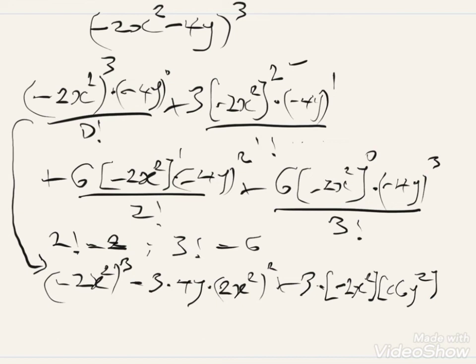All right, then plus the last one, 3 factorial is 6. That is 3 times 2 times 1 is 6. Okay, so 3 factorial and 6 can cancel itself.